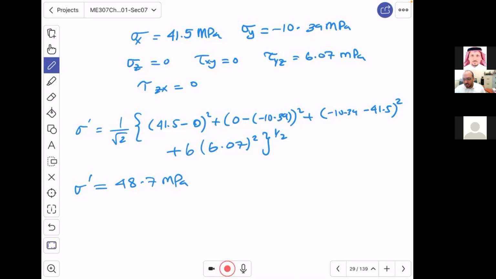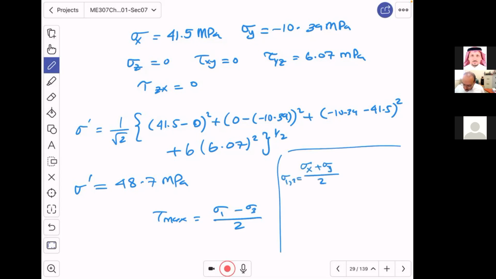Now the maximum shear stress, ya shabab, we know tau maximum is equal to sigma 1 minus sigma 3 over 2. For that reason we need to find the principal stresses. If you remember, sigma 1 and 2 equal sigma x plus sigma y divided by 2, plus minus the square root of sigma x minus sigma y over 2 squared plus tau xy squared.